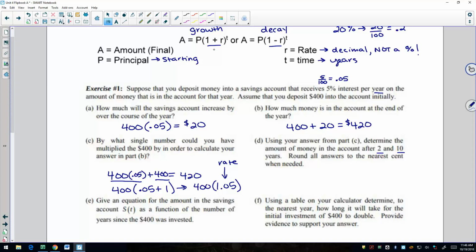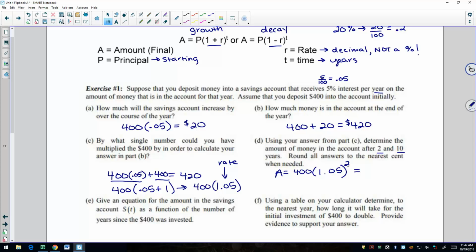So we're going to use the A equals P times (1 plus R) to the T. We don't know the final amount, so we don't know A. The principal was 400, that's how much we deposited. Our rate was 1 plus the 0.05, which we found down here to be 1.05. And then T is the exponent, that's how many years. The first one we're doing is 2 years.